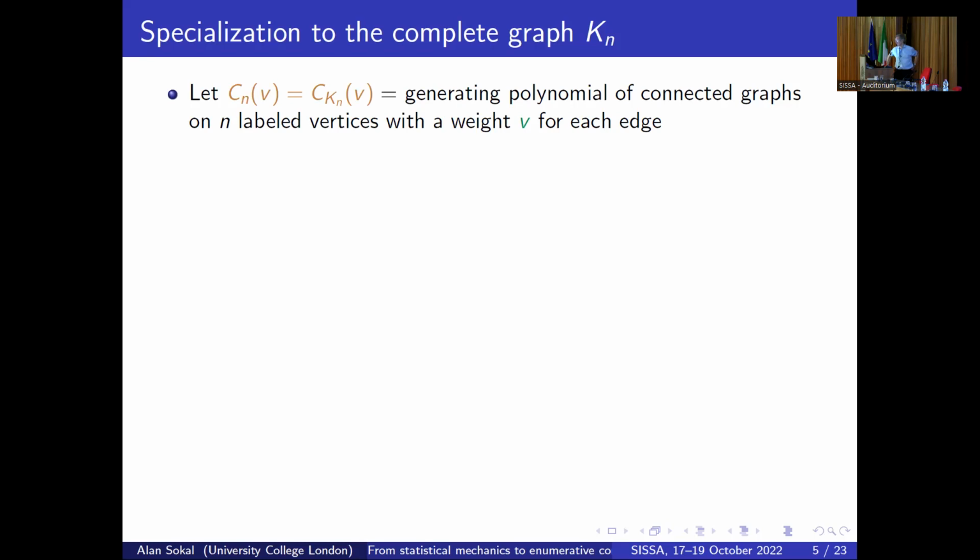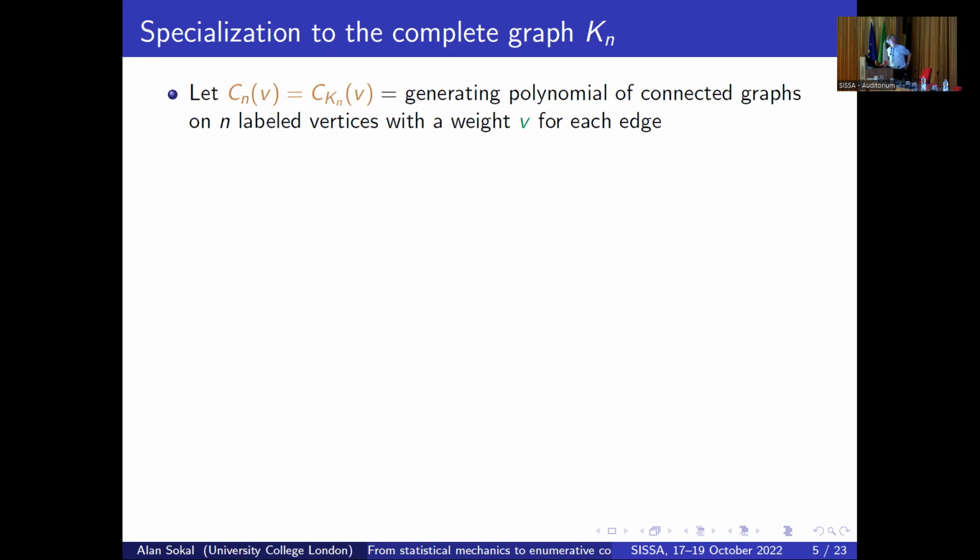Okay, so you just count all the ways that you can choose the edges so that you make a connected graph. This, of course, is something that graph theorists have looked at for a long time, but they didn't usually look at the generating polynomial. They would usually just count the number of connected graphs, Cn(1).